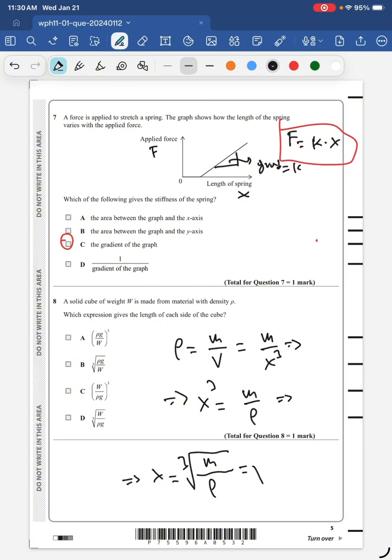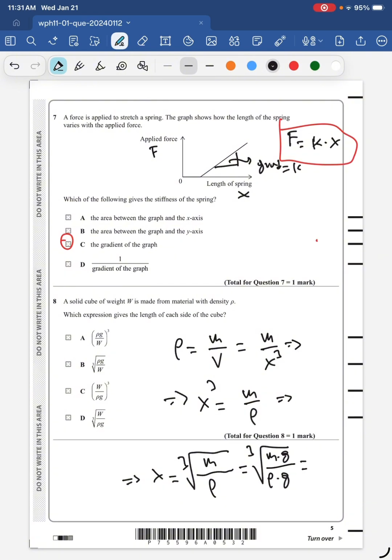So we have to multiply with g, so m times g, and if we multiply the numerator by g, we have to multiply the denominator with g as well, because they cancel, right? So let me go back. Okay, here and here. So yeah, that's the answer.